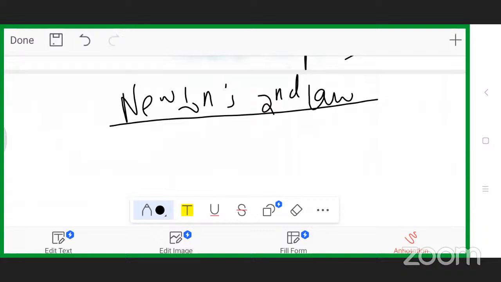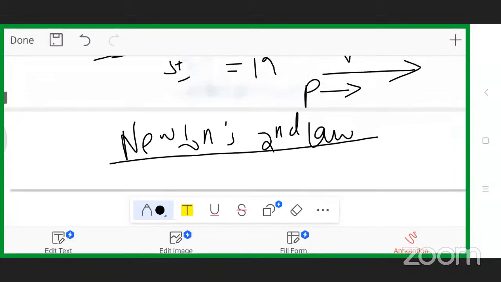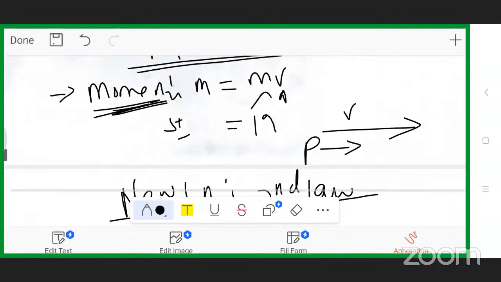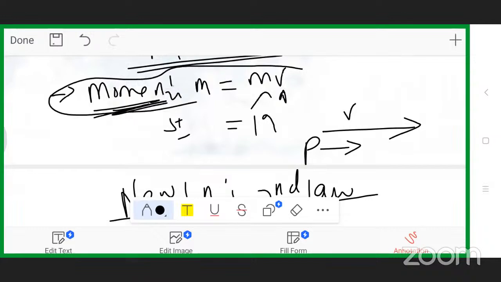So if you go to Newton's second law, now it's about that body, the same body that was moving, but now suppose we apply a force. The force will increase the speed of this body, of course. And when the speed increases, the momentum must also change, because the body was moving initially with a certain speed and it had a certain momentum.